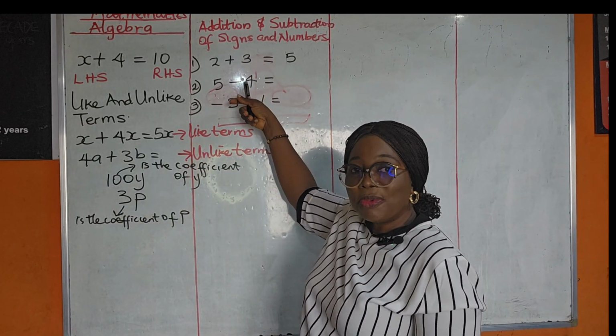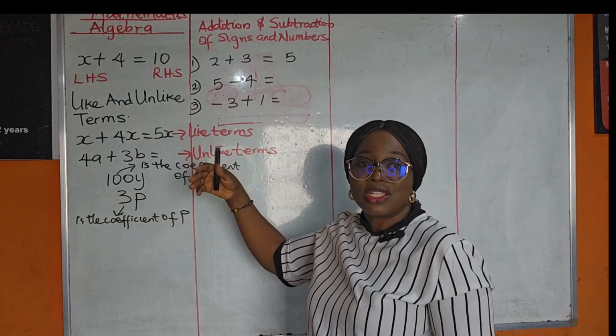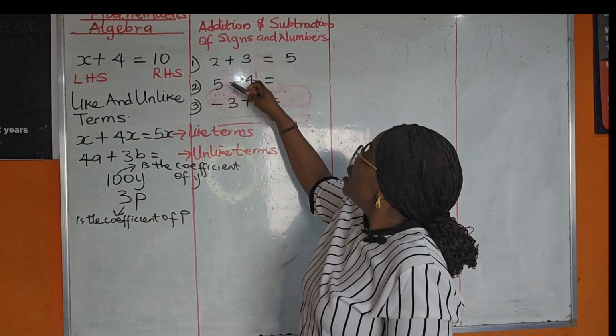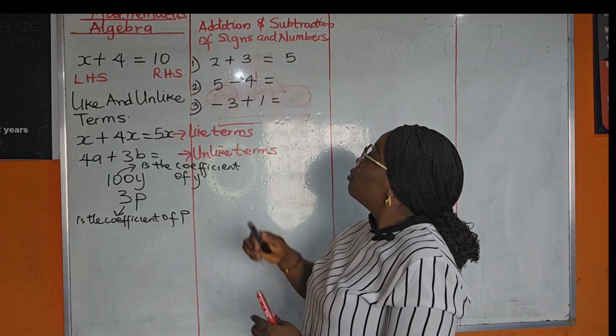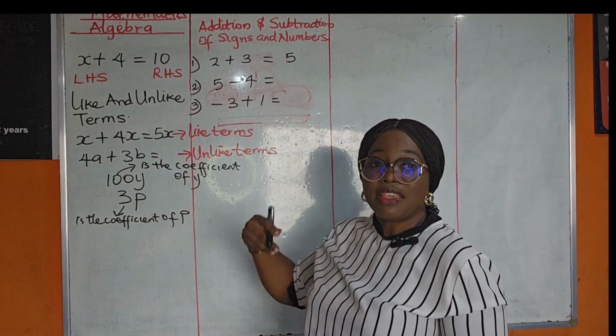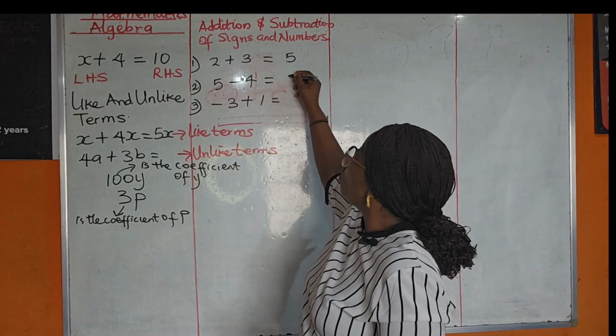You are owing 4 because a negative sign signifies what you owe. So you have 5 naira and you're owing 4 naira. What you're going to have left after giving out what you owe is 1.